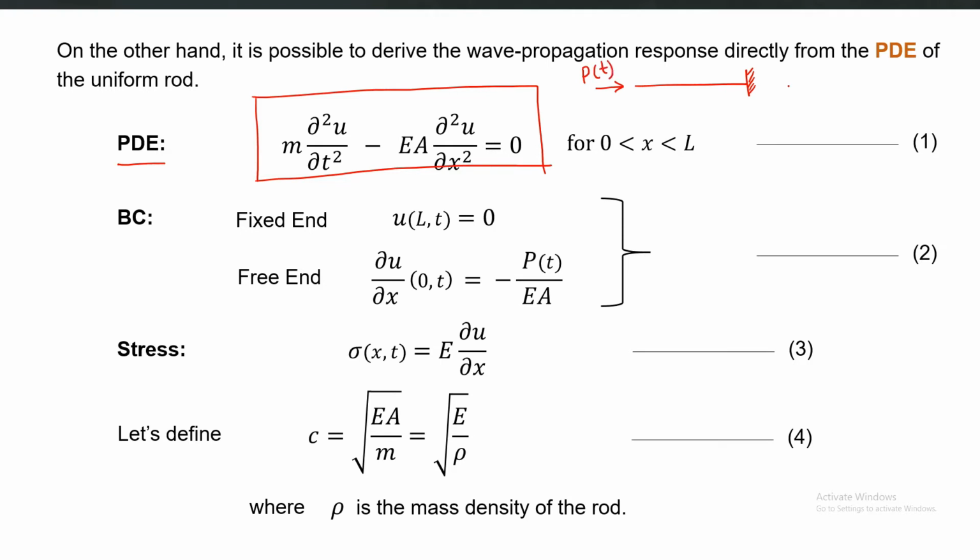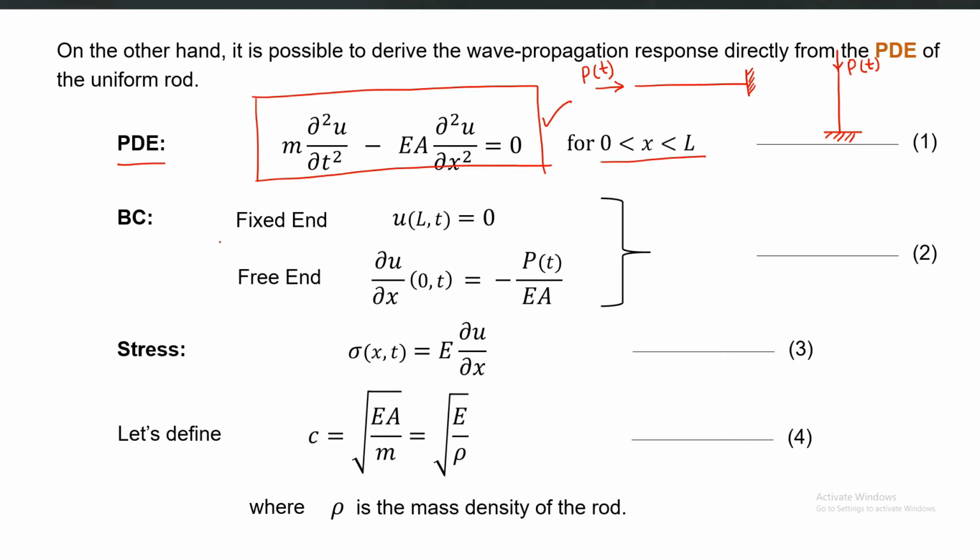It simply says that mass times partial 2u over partial t square minus EA, where E is the elastic modulus and A is the cross-sectional area of the rod, times partial 2u over partial x square equals 0. This equation is valid in the range x equal to 0 to L.